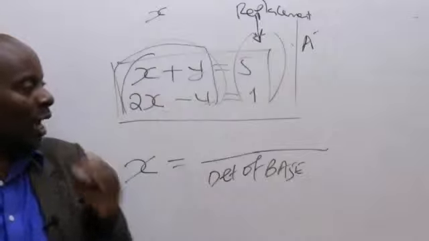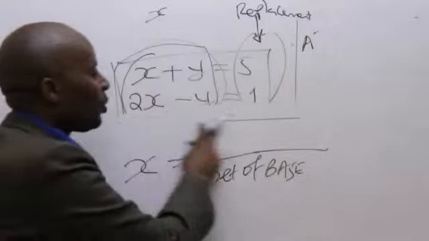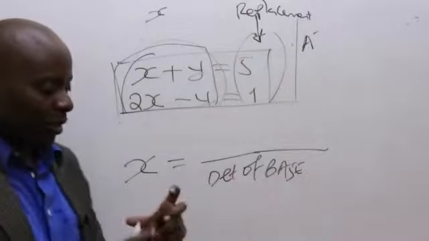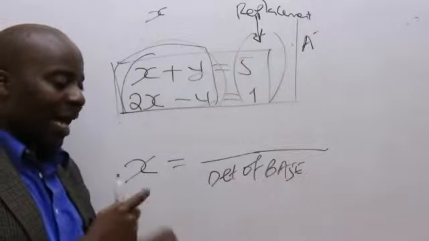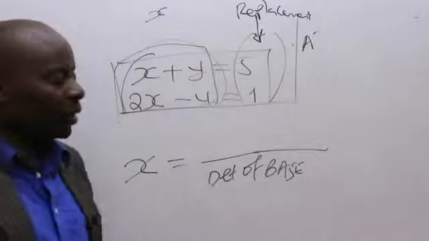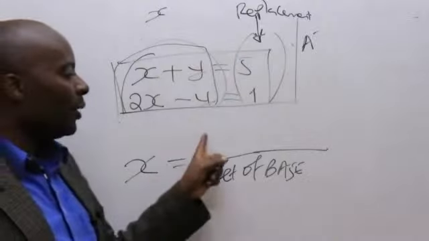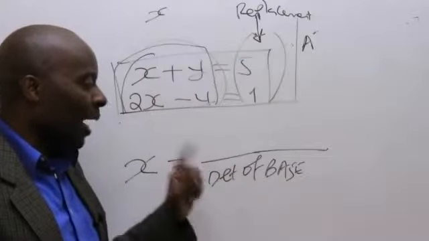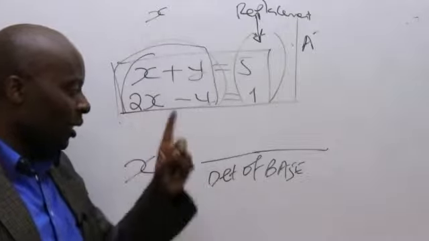If you went to a good high school, you must have encountered this Cramer's concept. Cramer's is basically a determinant model. So I'm going to have the determinant of the numerator matrix divided by the determinant of the base.